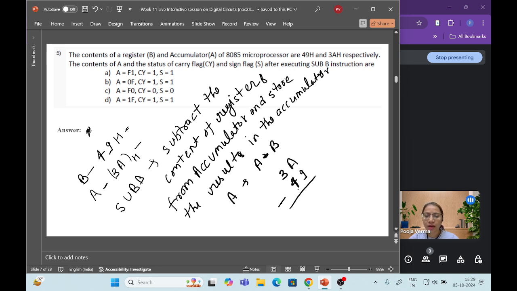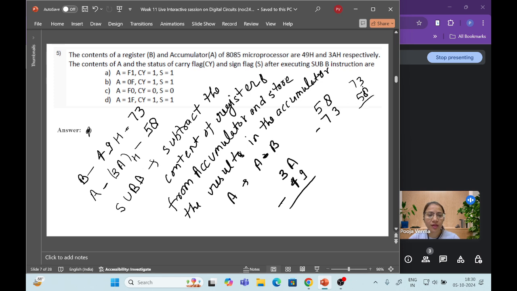Here we can directly subtract, or we can change it. If you change it into decimal, then you will get 73 in decimal, and 3A will be converted into decimal; the value will be 58. So from here you can take 58 minus 73, or directly 73 minus 58.